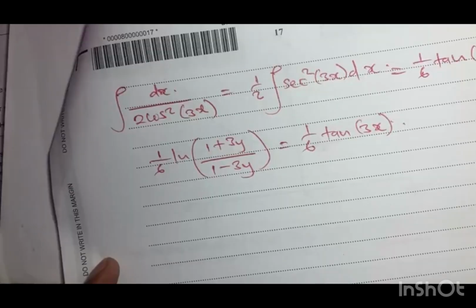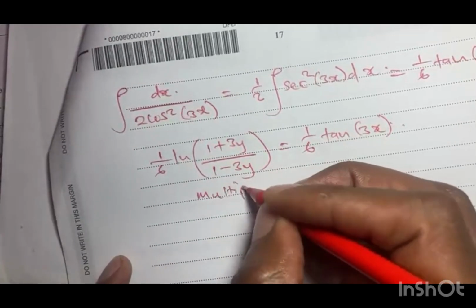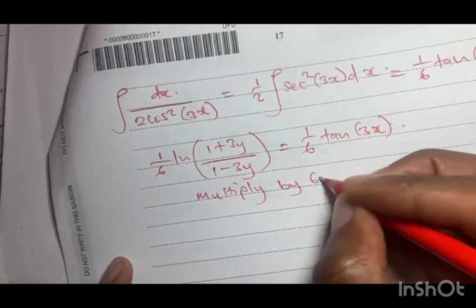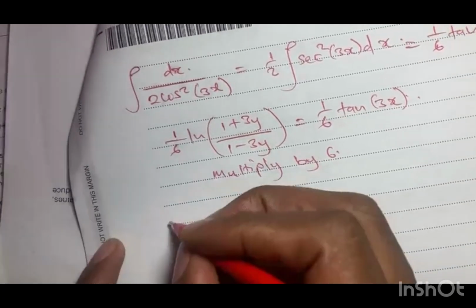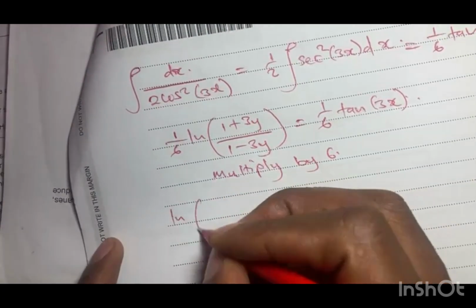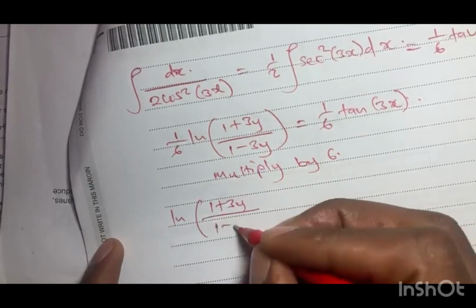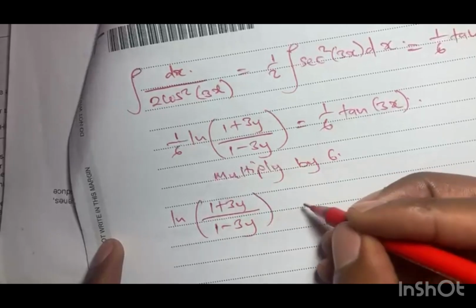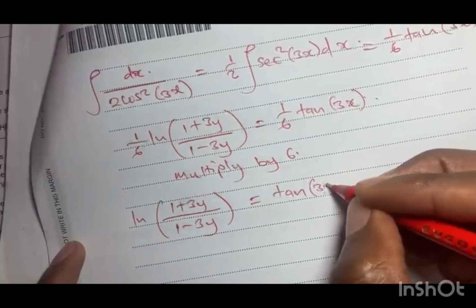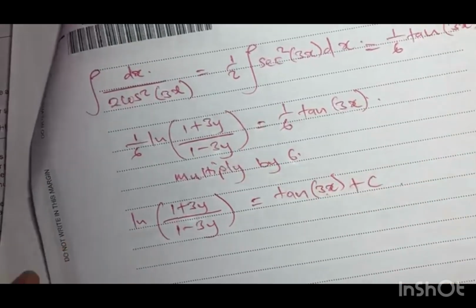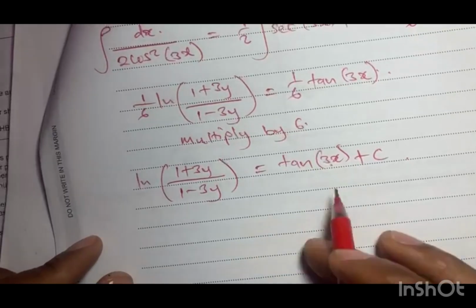If I multiply by 6 to eliminate the 6 on both sides, I'm going to get ln of (1 plus 3y) over (1 minus 3y) equivalent to tan of 3x plus c. That's what I get. So this is the final expression.